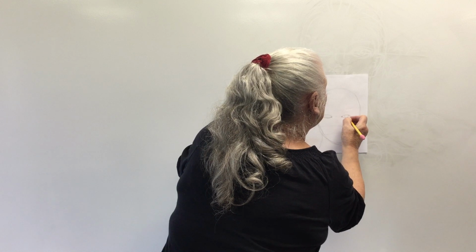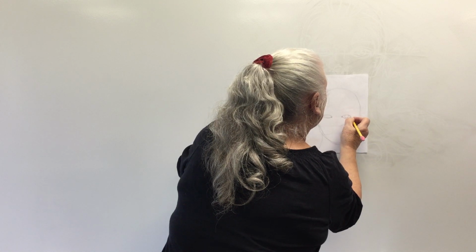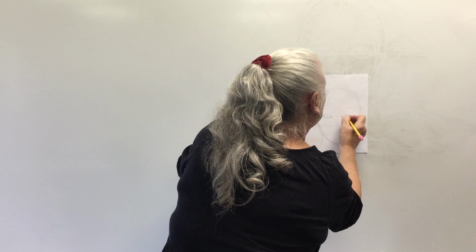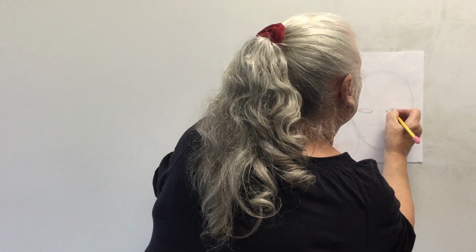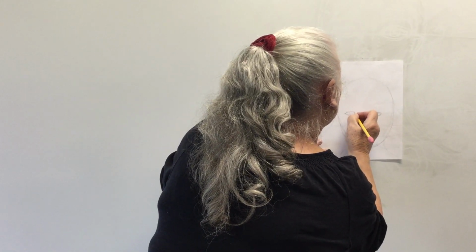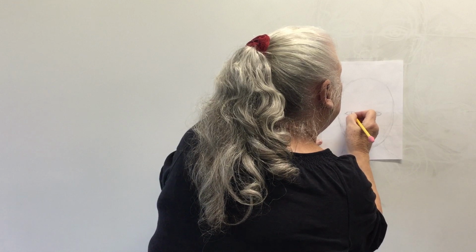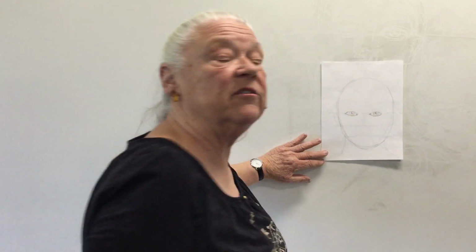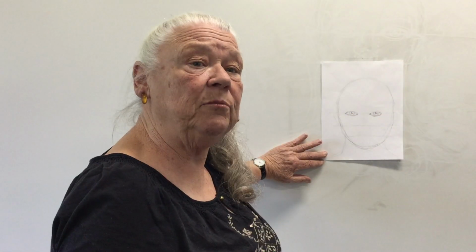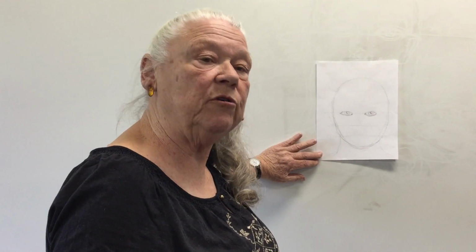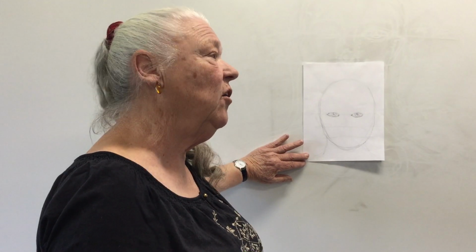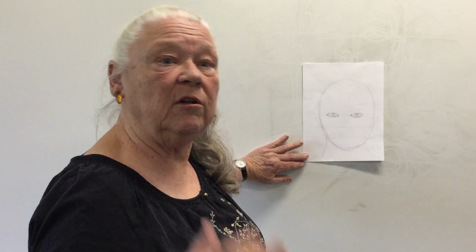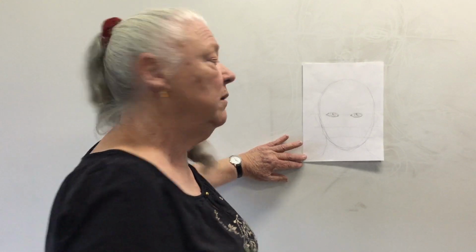Your iris, your pupil. Remember, you're not going to see the entire roundness of the iris because the eyelid covers part of that when you're just looking, when you're not surprised or scared or showing any emotion at all. You're just looking into the mirror.